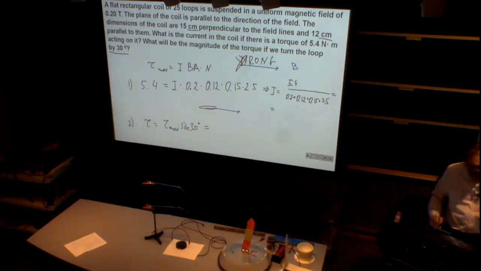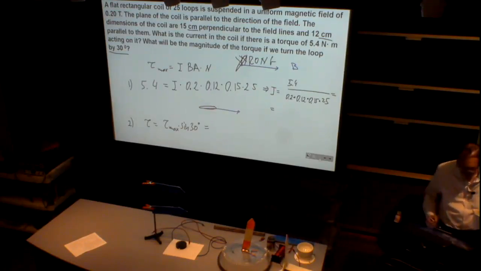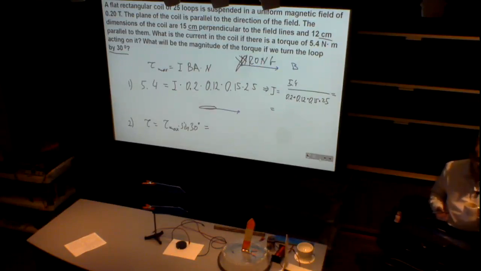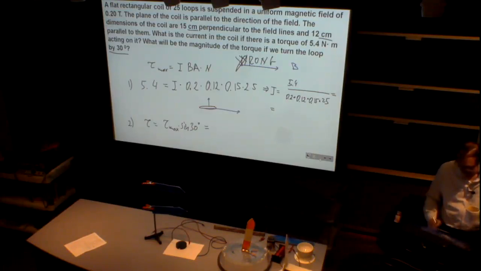But of course, we need the area vector. How do we draw the area vector? Perpendicularly, up or down, doesn't matter. So you pick. For me, a natural pick is up, because I always follow the x, y, z axes. That's the area vector.